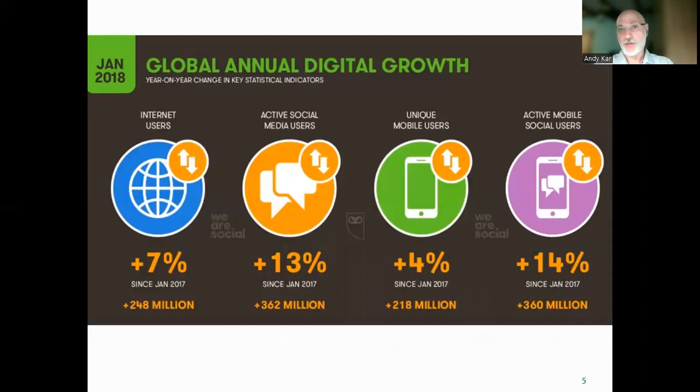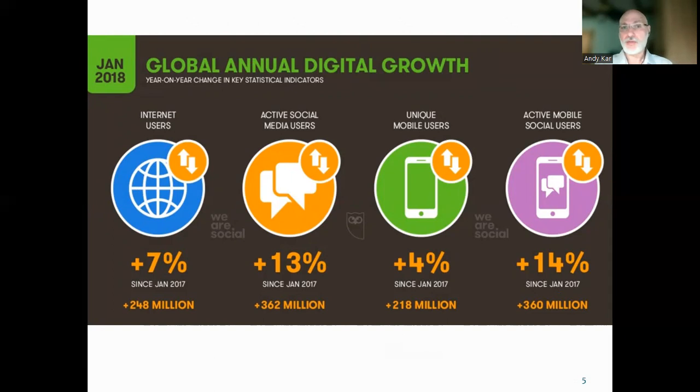We can see here, for example, the growth between 2017 and 2018. From 2017 to 2018, we had a growth of 7% in terms of internet users globally, which translates into 248 million more people using the internet in 2018 than in 2017.